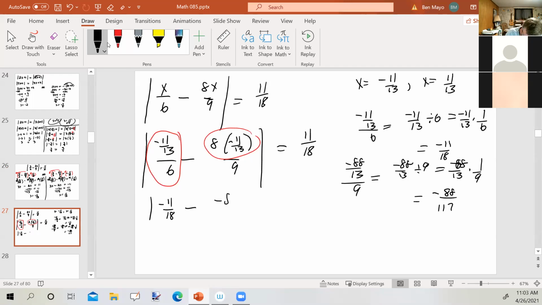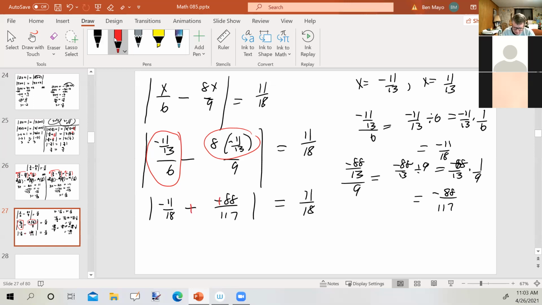Wow. Okay, and that all equals 11/18. Well, let's see. Negative 11/18 minus negative 88/117. Subtracting a negative would be like adding a positive.